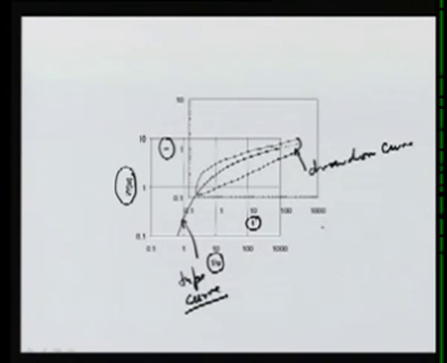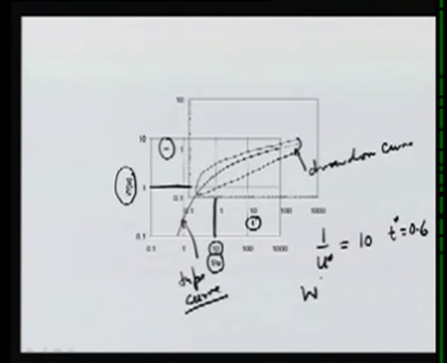So if we match it, suppose we take 1 over u as 10. The corresponding T star, which is the point which corresponds to 1 over u equal to 10, is about 0.6. Similarly, we can match Wu equal to 1.